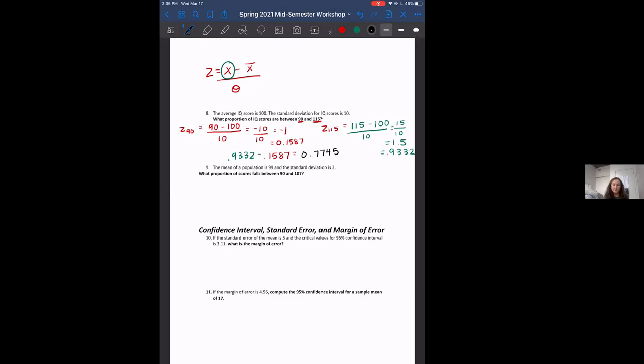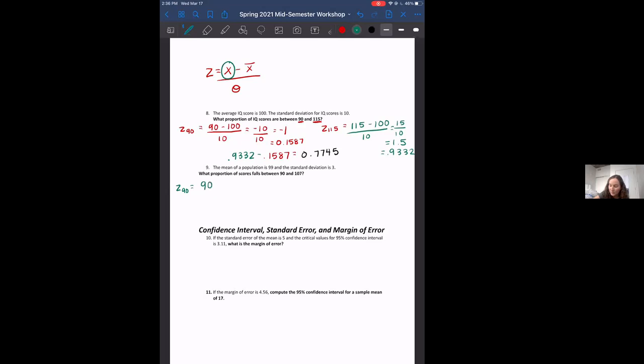All right, let's go over it. Let's start by finding the z-score of 90. So z of 90. What should we put for the first x? 90, good.